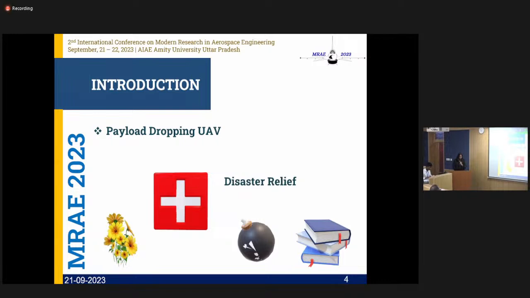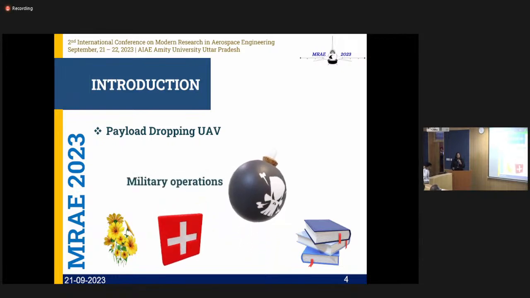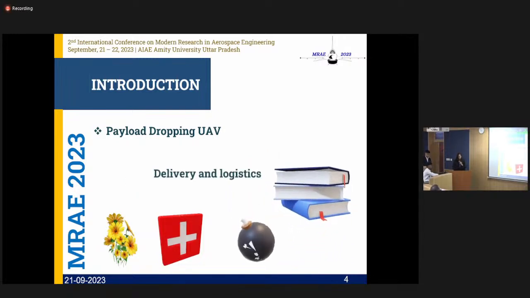It is used for supplying medical supplies and first aid kits. Next, military operations, for dropping missiles. And one very booming application is the commercial industry, or basically the civilian applications, where it's used for parcel delivery.